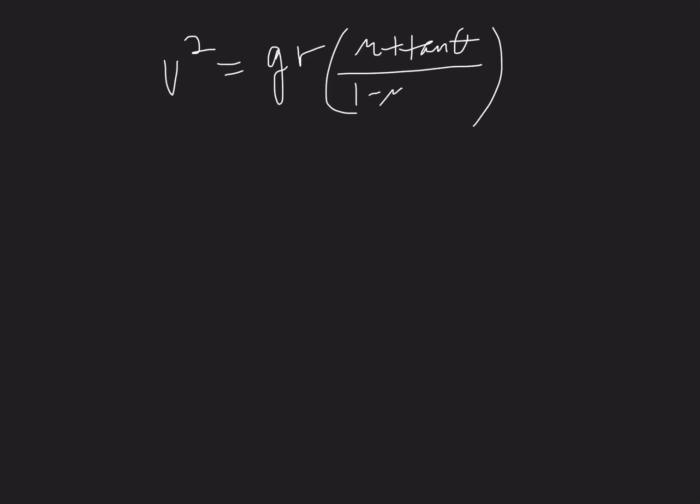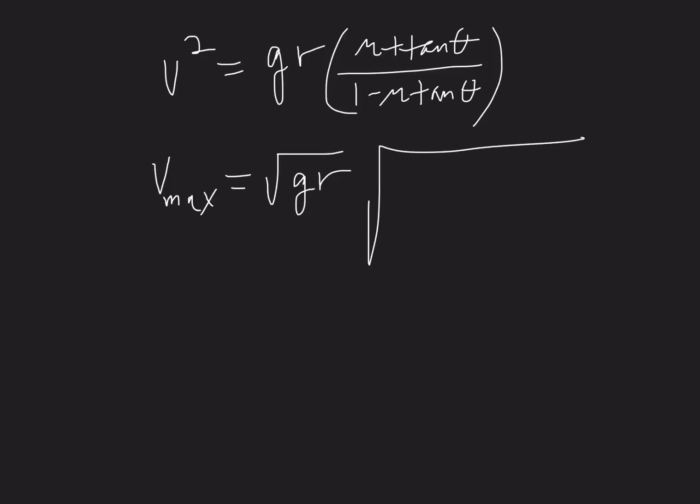So the velocity, and this is the maximum velocity going around a bank turn with friction, would be the square root of gr. That's why I like to do that, because we have square root of gr in every single equation we've done, times the square root of mu plus tangent theta over 1 minus mu tangent theta.